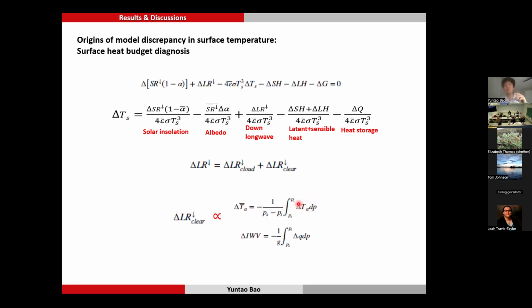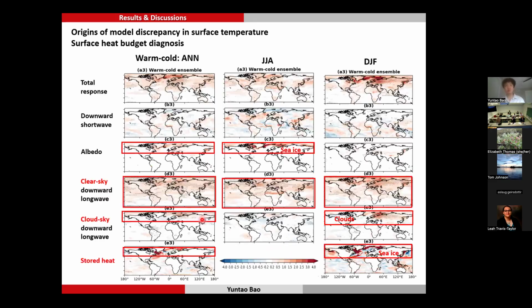One is the column temperature, because if the column temperature is higher, that produces larger downward long-wave radiation to the surface. Another one is the moisture content. If we have more moisture within the air, then the downward long-wave radiation will also increase. So those are the two things that cause the change of clear-sky downward radiation.